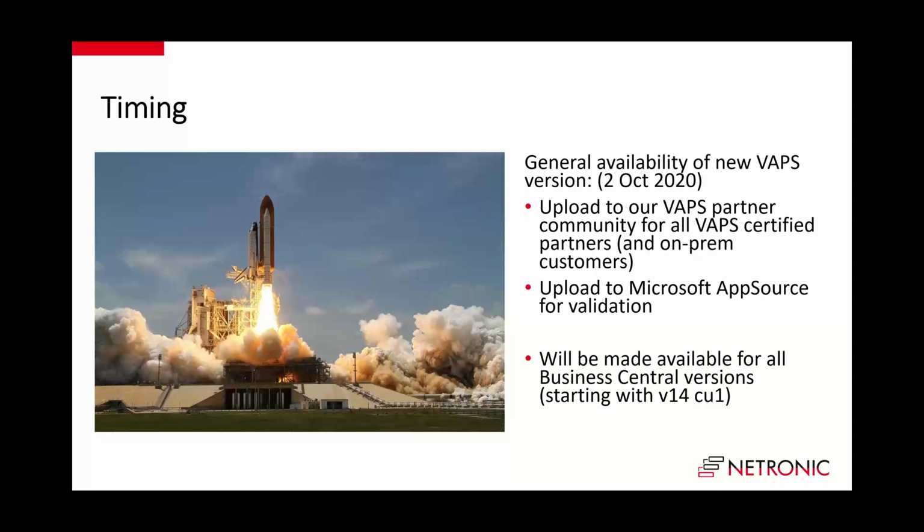It can then take another 5 to 8 days for Microsoft to review it and release it to their services, so that everybody running the product from AppSource should have it by mid October. And of course, it will be made available for all Business Central versions, starting with version 14, Cumulative Update 1.